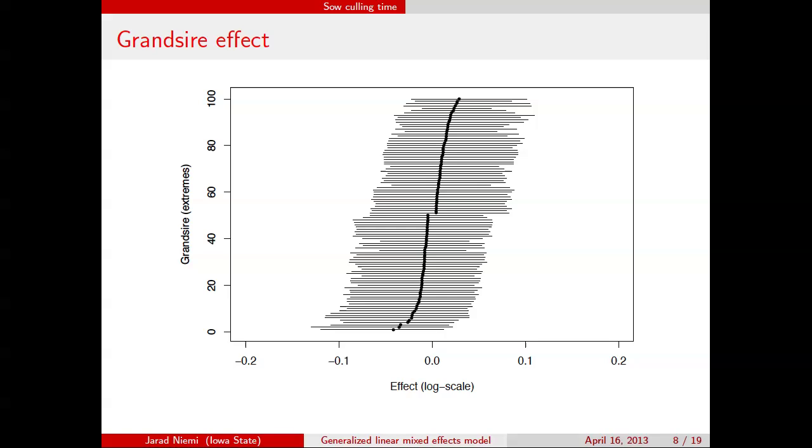So maybe that's some rationale to say, if we had to guess, that the fourth one down is the one that was in there 240 times. I think that seems reasonable, as long as you think that whatever they're using currently to choose grandsires is working.